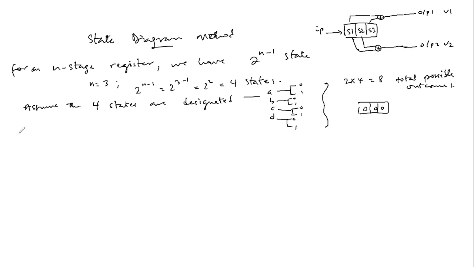So if we have an initial state, for instance, so we have something like this. Then let's assume we have the state and then the state transition.